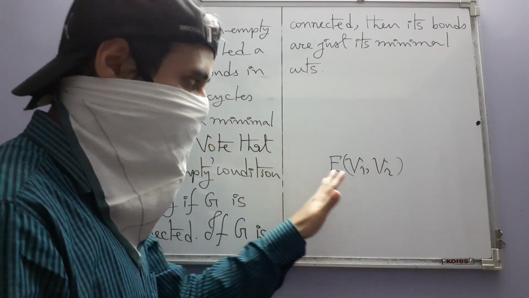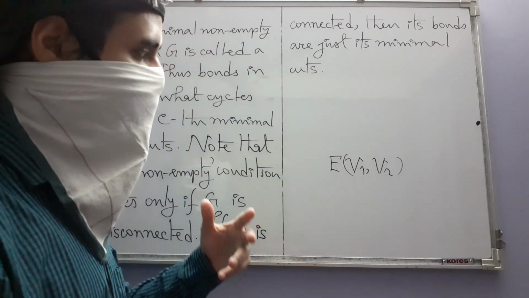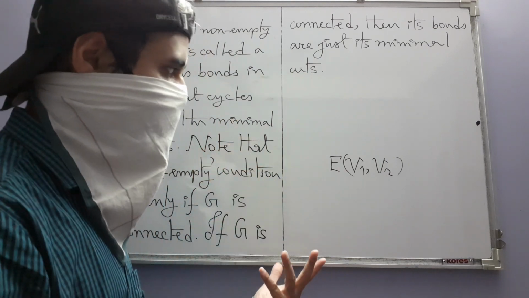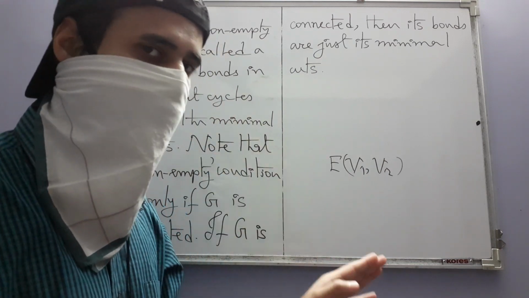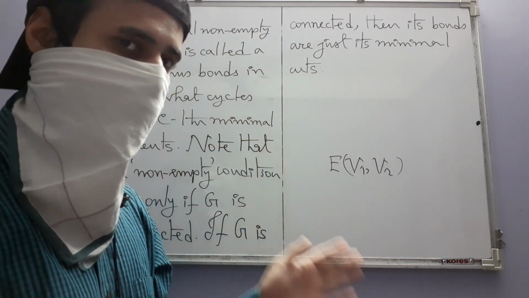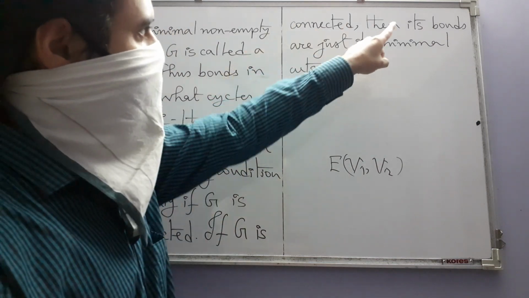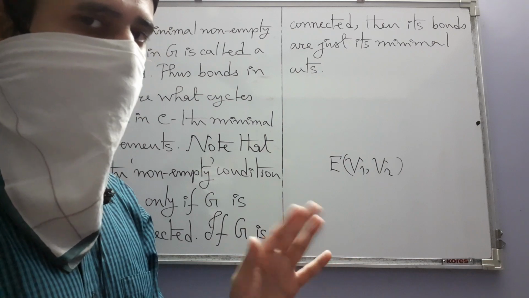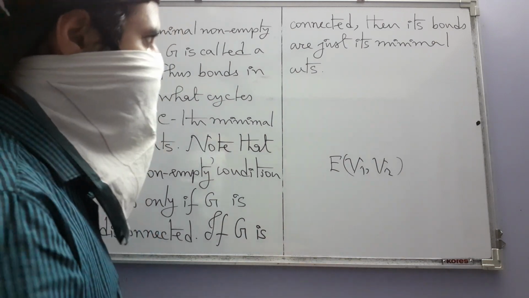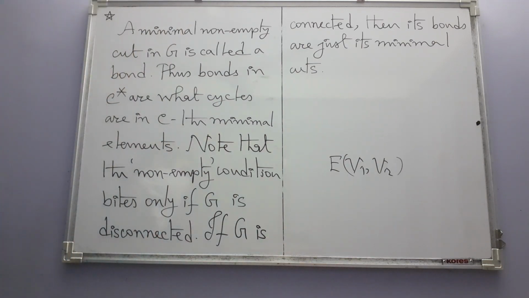But that is not possible in a connected graph. So in a connected graph, if you seek minimality, the non-emptiness is there. Okay, so by definition, its bonds are just minimal cuts. You do not need non-emptiness separately. That's what the author is saying.